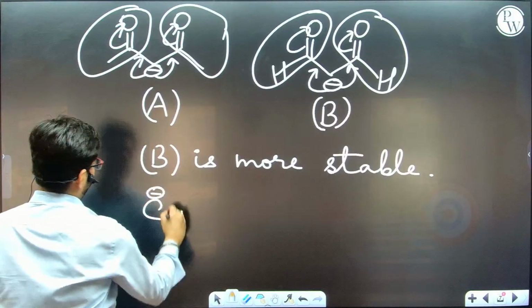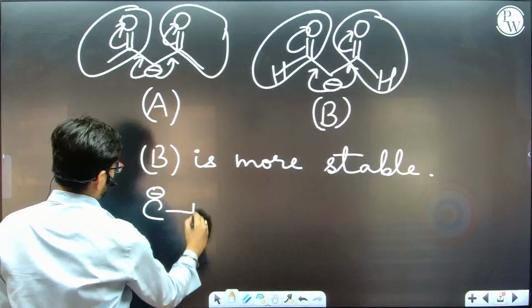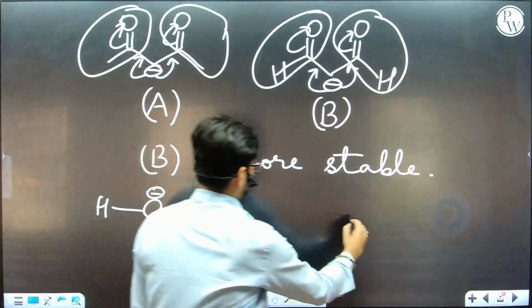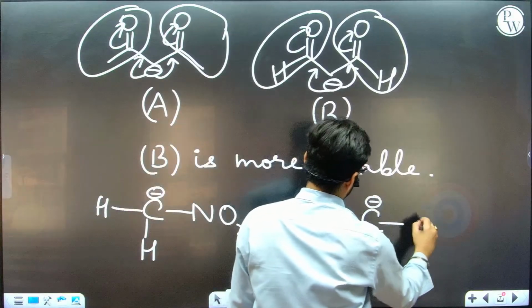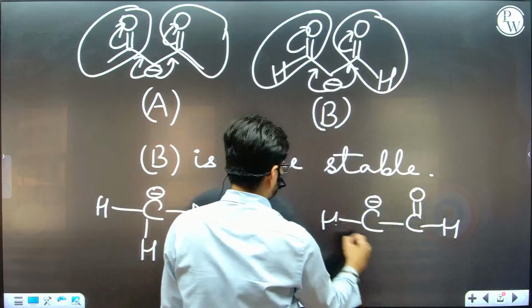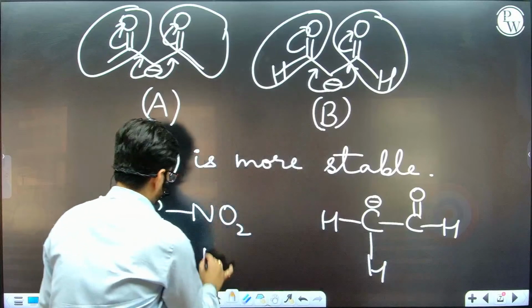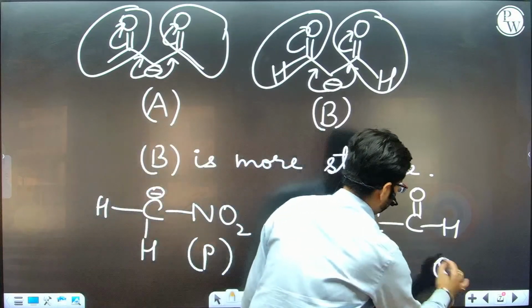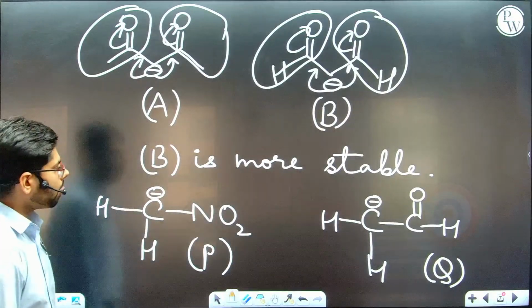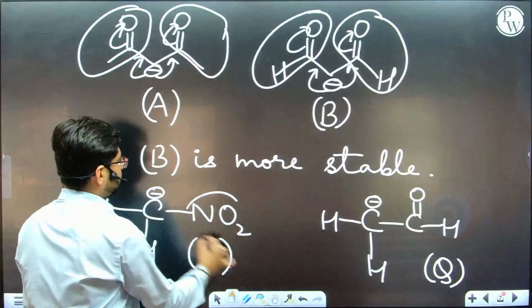What if I have this carbanion and this carbanion? Let's label them. Both of these are carbanions. Which is more stable, P or Q? Now, here again we have minus M effect shown by NO2.